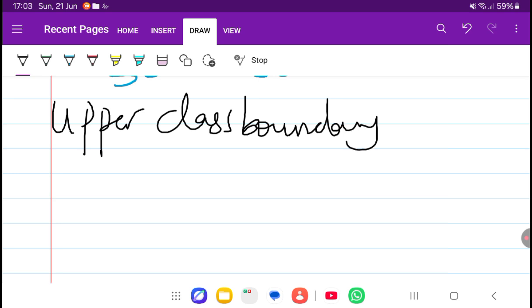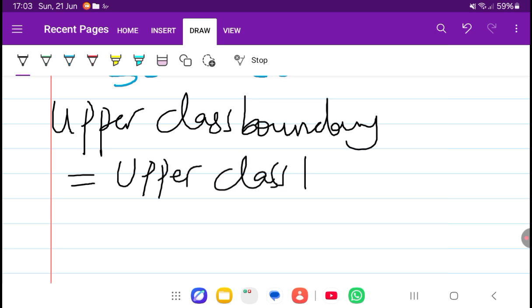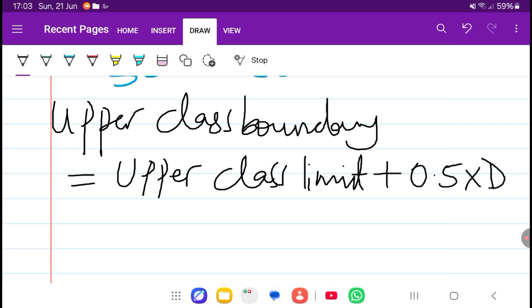To get the upper class boundary, you get the upper class limit plus 0.5 times d, and this d represents the size of the difference.